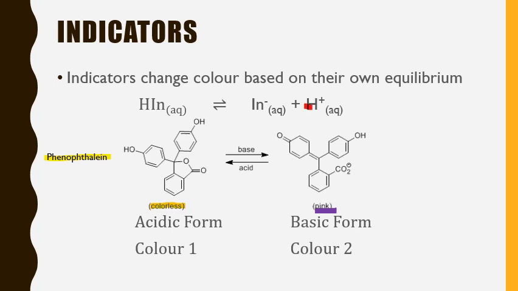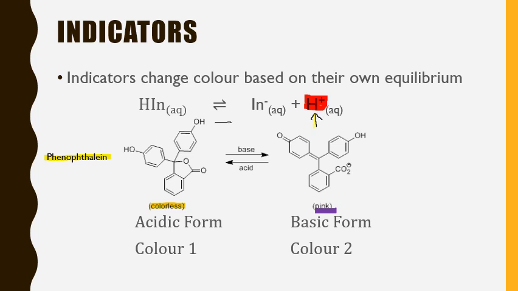Let's say you add an acid into this solution. The acid will eventually react with the OH minus that's in the solution, but it continues to build up, and if enough of it builds up, the amount of H plus in the solution will increase.